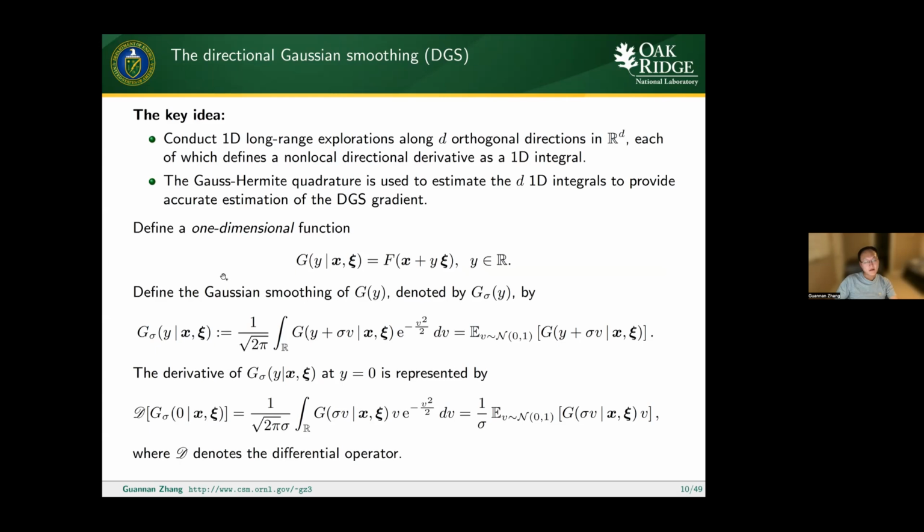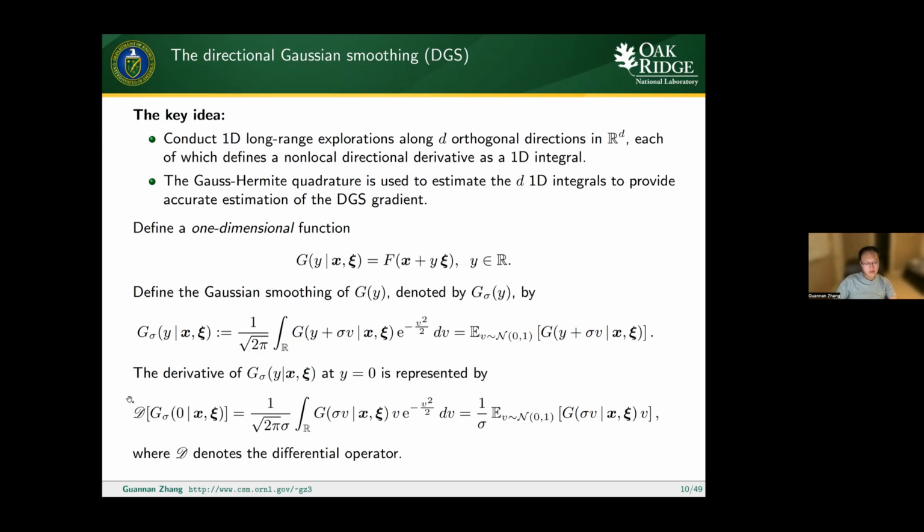Now, here are the details. To perform a 1D smoothing, we first define a 1D function, which is the cross-section of the original loss function along the direction defined by ξ. That's the direction, and this g of y is just a 1D cross-section. For a given ξ, we only perform 1D Gaussian smoothing along ξ to define this g sigma, which is the 1D smoothed function.